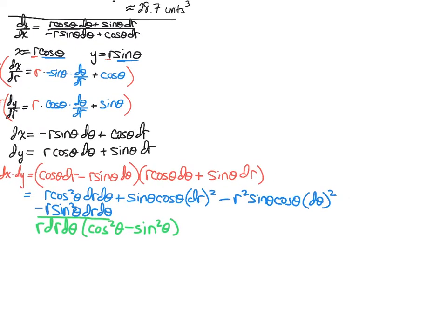Then adding on to that, I could pull out a sine theta cosine theta. Everything else is going to pretty much stay put. So we're looking at plus sine theta cosine theta times dr squared minus r squared d theta squared.